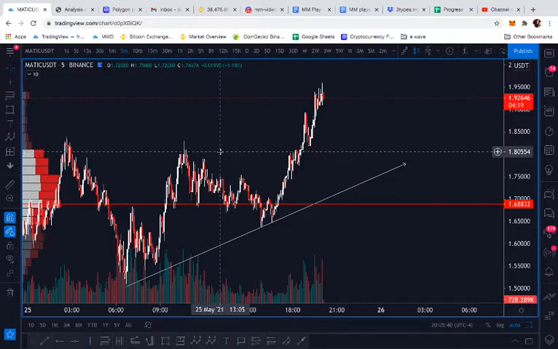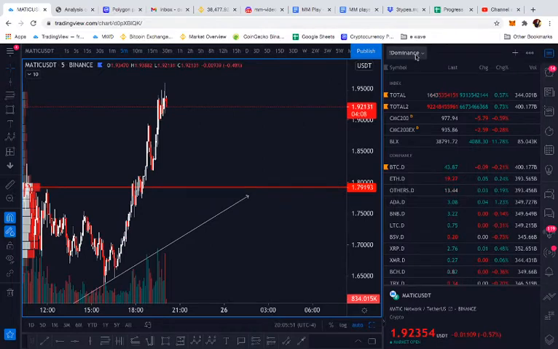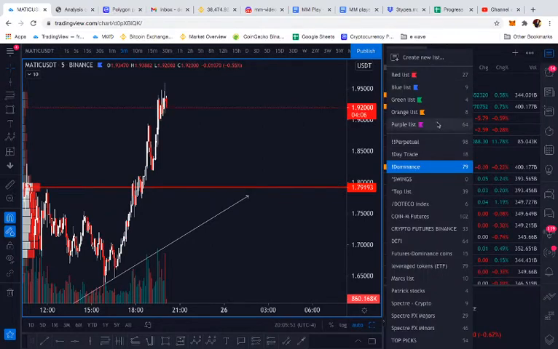But here's the next most important thing: having a watch list that you can follow and track. I trade futures on the Binance, and I have like 64 here. There's about 100 perpetuals.